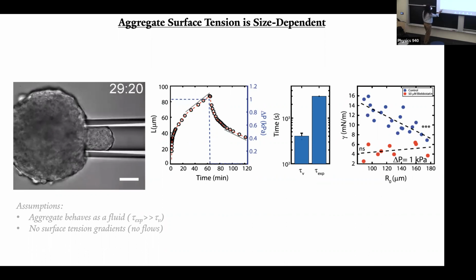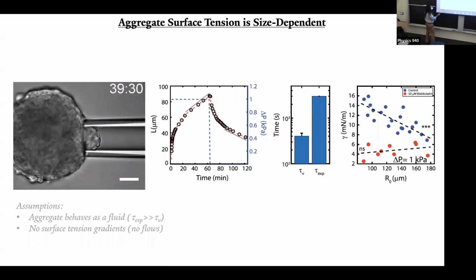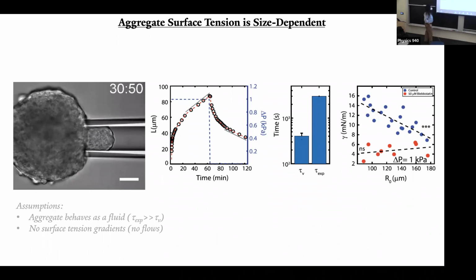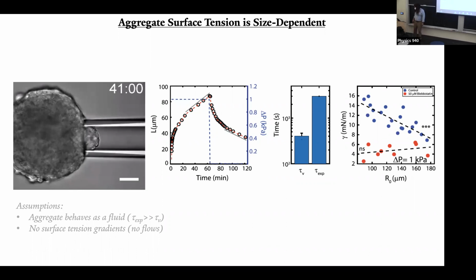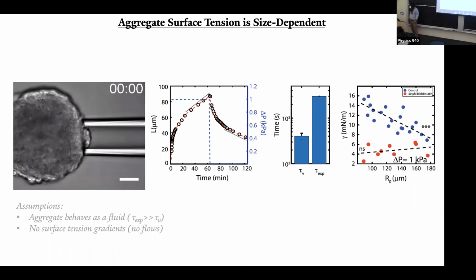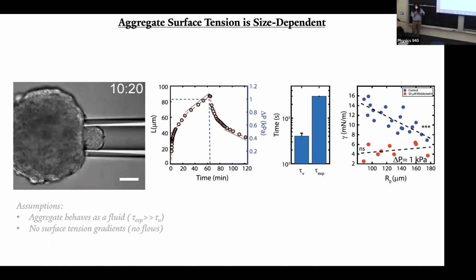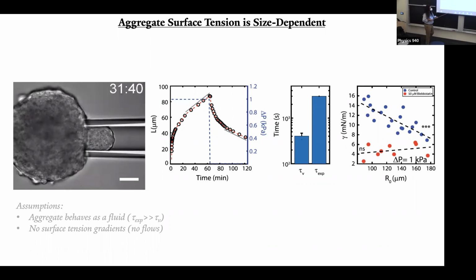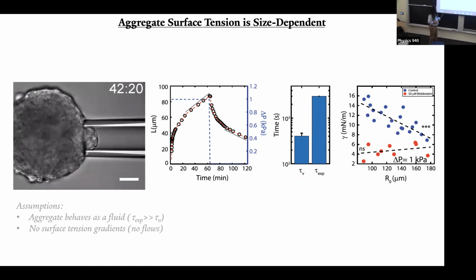So it's going to come in some length L. We're adding this kind of step pressure. So first it comes in quickly, and then it comes in more slowly. And then we release the pressure, and then it goes back. Now, from the rate of going in versus going out, we can estimate a pressure. And through that, using Laplace, estimate a surface tension.